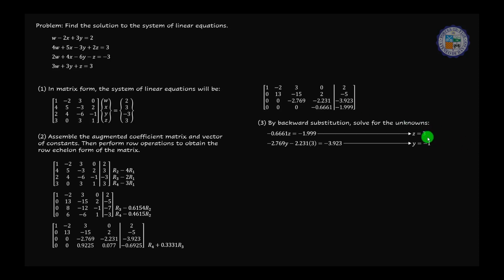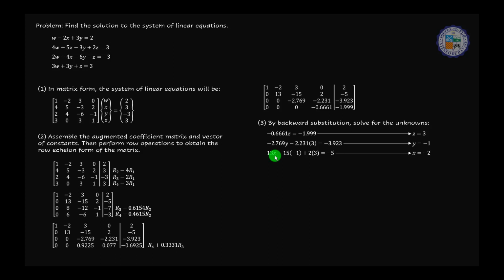With known values of z and y, we can solve for x using the second row. The second row implies 13x minus 15y plus 2z is equal to negative 5. Solving for x, we have x equal to negative 2.